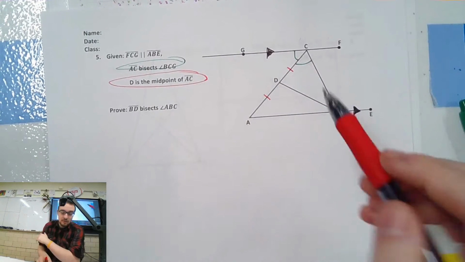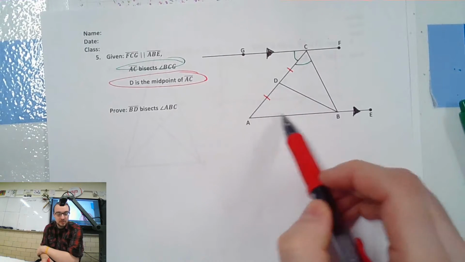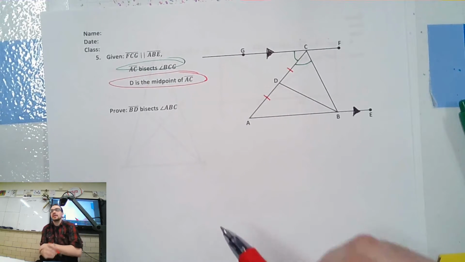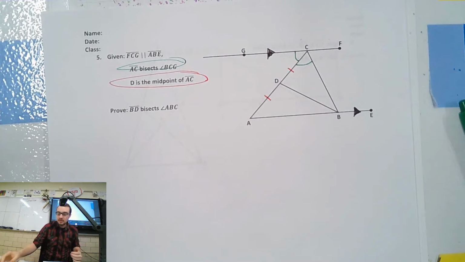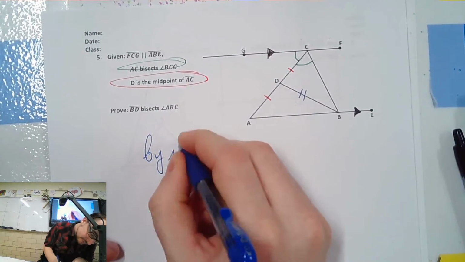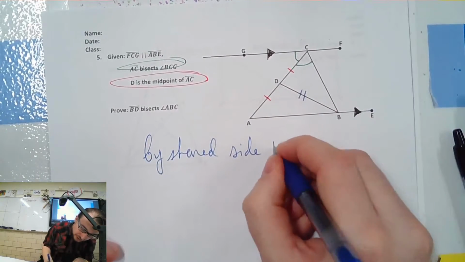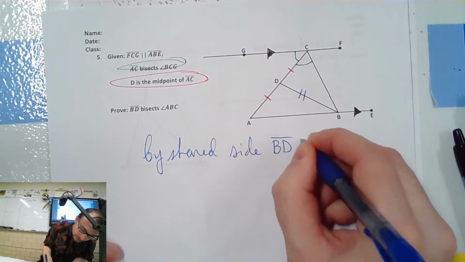Well, right now I have two matching sides for the triangles, and then I've got a single angle with no pair over here. So I don't have a lot of information to be able to prove them congruent yet. So I need to get more. They do have a shared side. So by shared side, those two triangles share a side. They share side BD. So BD is congruent to itself.